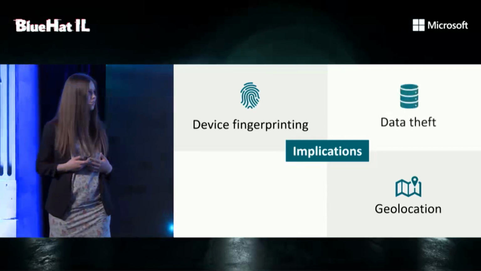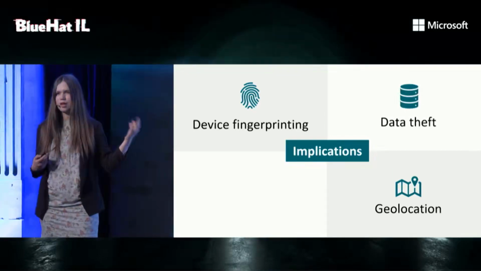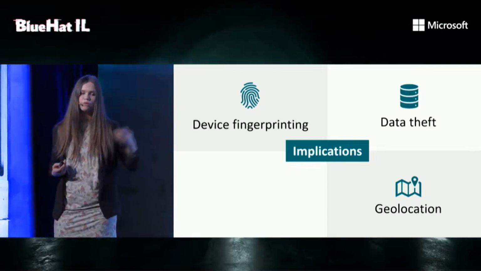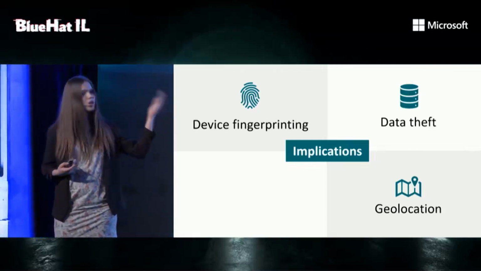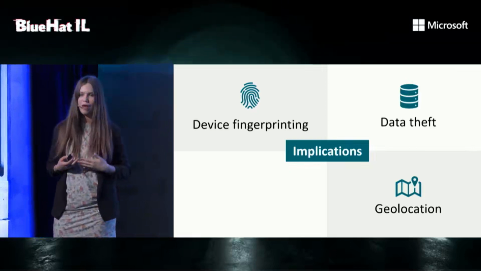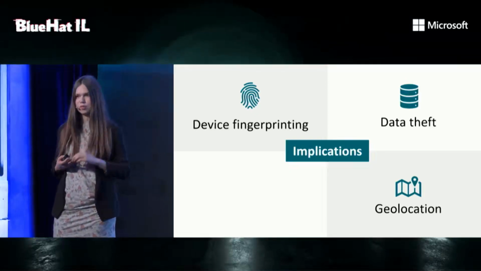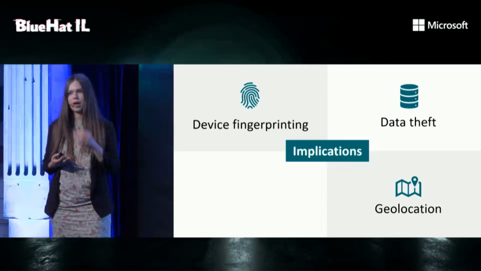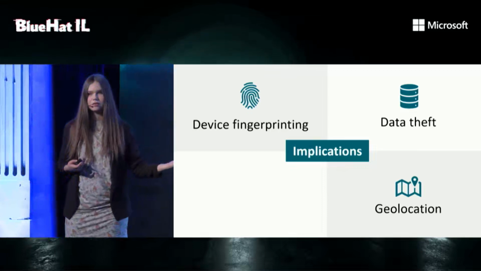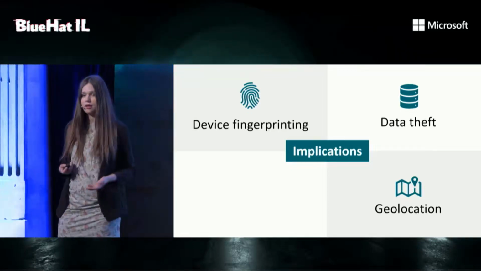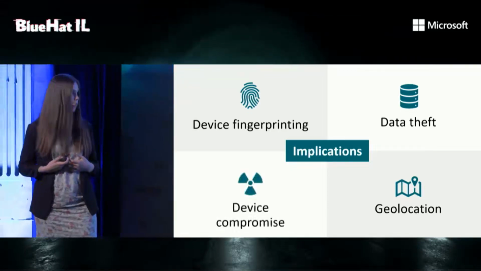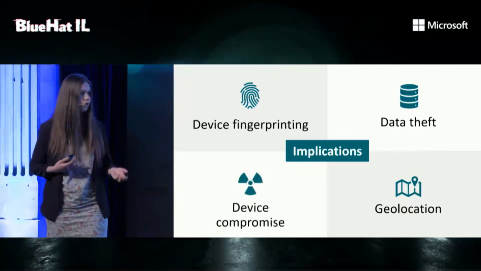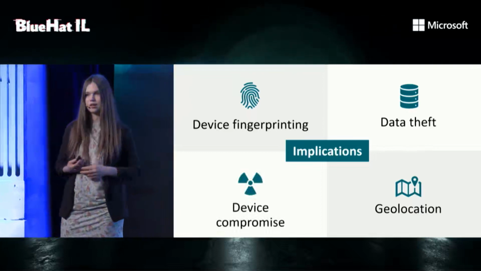But also in other scenarios, remember there are thousands of other AT commands and they are mostly vendor specific. So if the attacker has this information, they can then craft another plugin which is specifically made using the AT commands that are supported by this specific device, and that can serve as a base for further data theft or device compromise, such as pushing some corrupted firmware or whatever else the attackers have in mind.